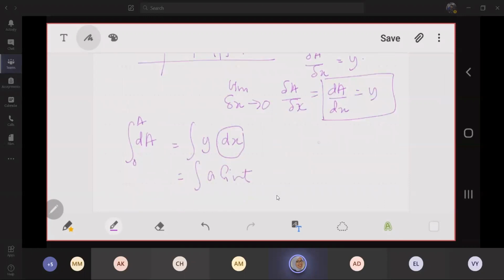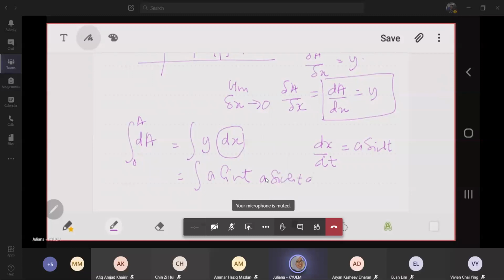So your dx by dt is equal to A sine t. So you get dx is equal to A sine t dt. Okay, so that's what you get.